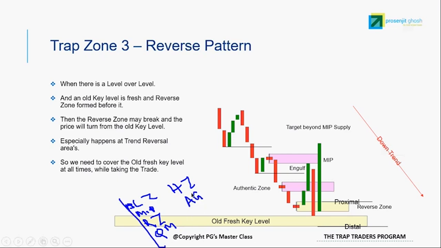So six of these patterns can form there. At this old key level, if price comes down here, you can go long. In that case, this reverse zone will break, but this is a signal that price is going to go up.